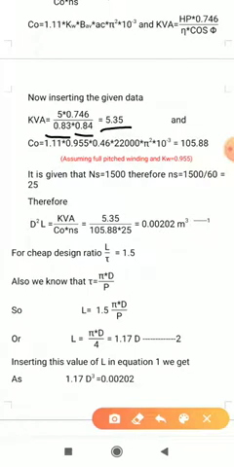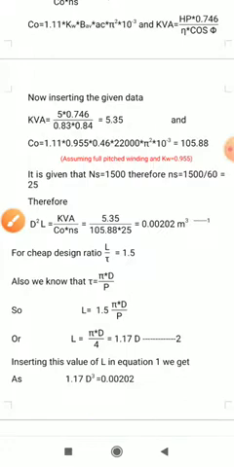Now in the expression of the output coefficient CO, kW is there, but in the example kW is not given. So let me assume full pitch winding, and for the full pitch winding kW is 0.955. With this assumption, CO is 1.11 into 0.955 is kW, into 0.46 is BAV, into 22,000 is AC, into pi square into 10 to the power minus 3, and if you calculate this, you will get 105.88.